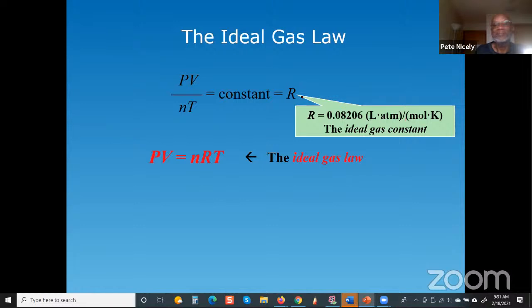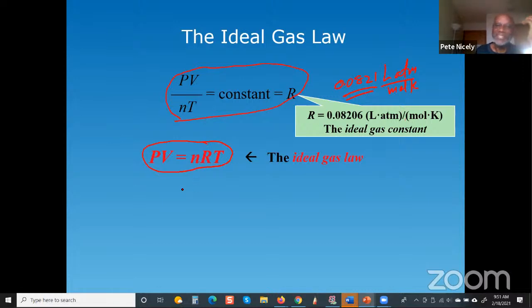Very important, all right? Now for our purposes, we will just round this off to 0.0821 liters atmospheres over mole Kelvin. For all purposes, that's what we're going to use. We're going to round it off to 3 sig figs. So basically, this is the ideal gas law here. In most textbooks, you'll see it more likely expressed as this.